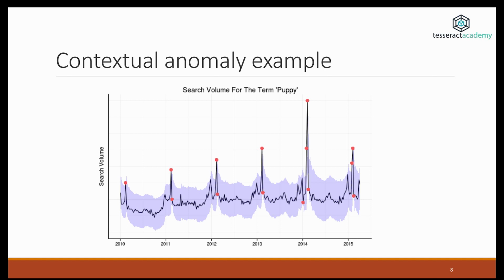This is an example of anomaly detection in social media. So you can see here a time series, which is the search volume for the term puppy. And you can see that you have various anomalies on this chart. So for most of the year, there's not much happening. Traffic is pretty normal. And then around the beginning of a new year, you can see that you have a spike, and then we return to normal activity.